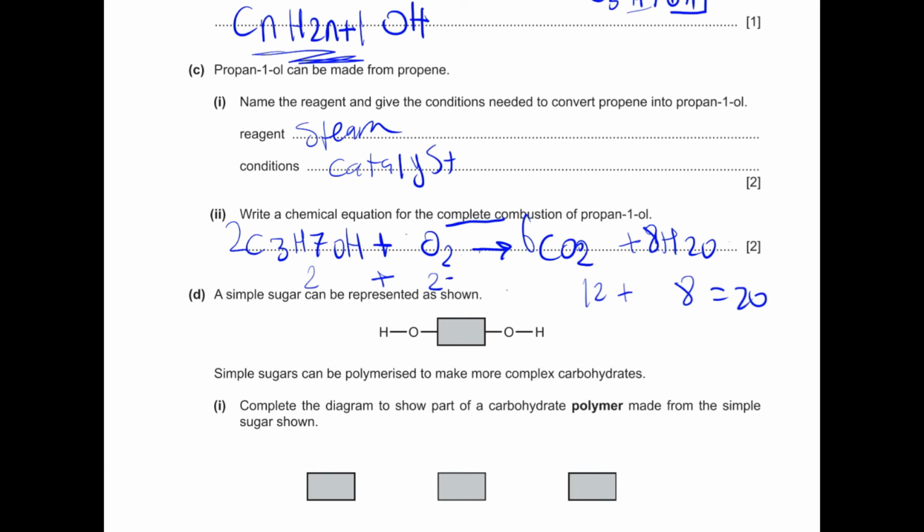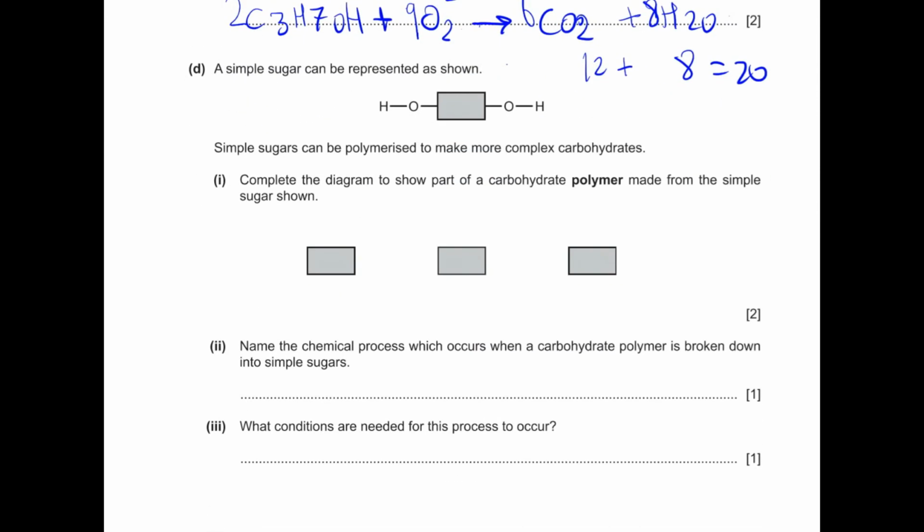So we're missing 18 oxygens on the left hand side, and what we can do is add a 9 here. So 9 multiplied by 2 is 18, and 2 in this and 2 here is 20. So this is how the equation is balanced.